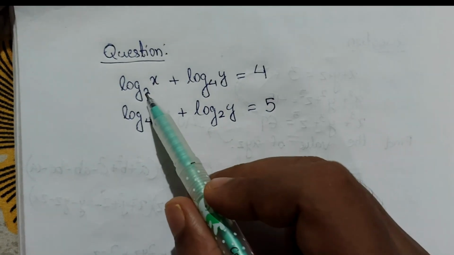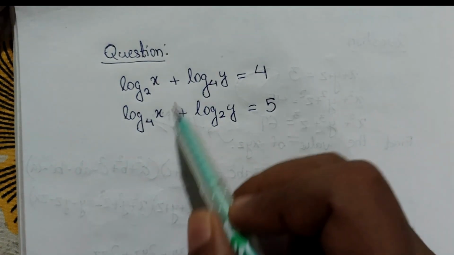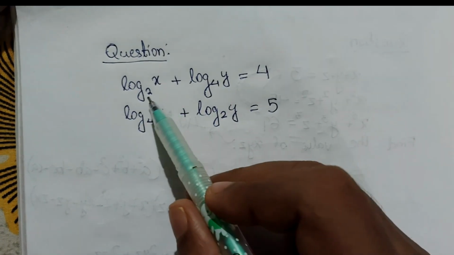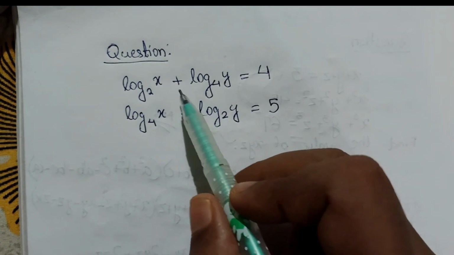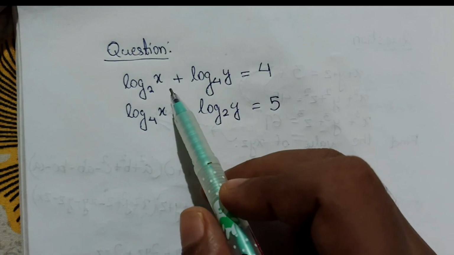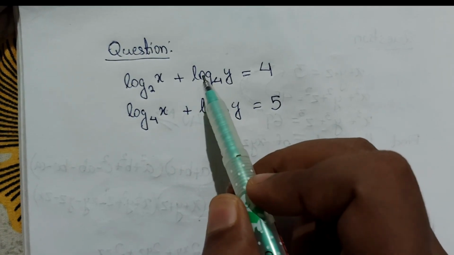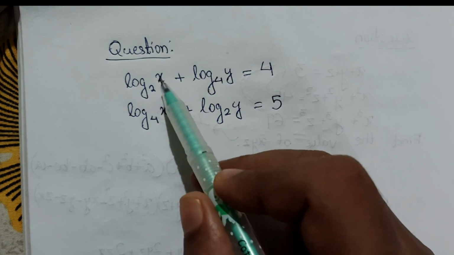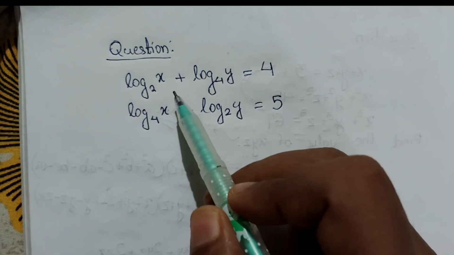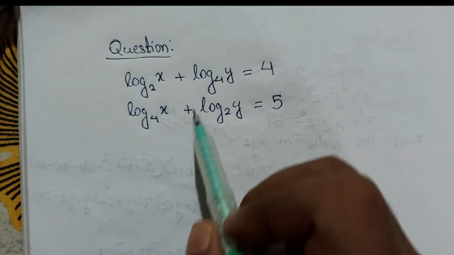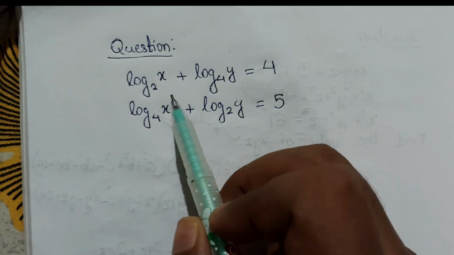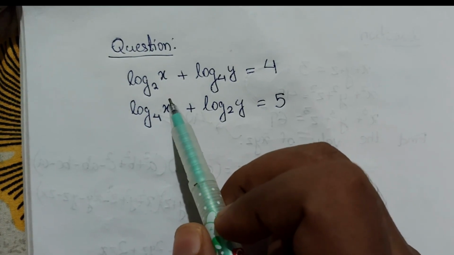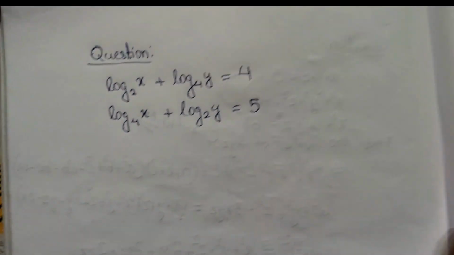So we see that the bases are different but same for the two equations, 2 and 4, 2 and 4. But they are not same, so we cannot directly use any formula or add them, or take this term as some other variable by substitution. So first we have to equate the bases. We have to convert the bases into a common form. So let us see how to do that.